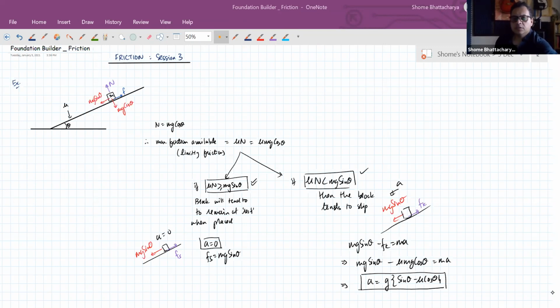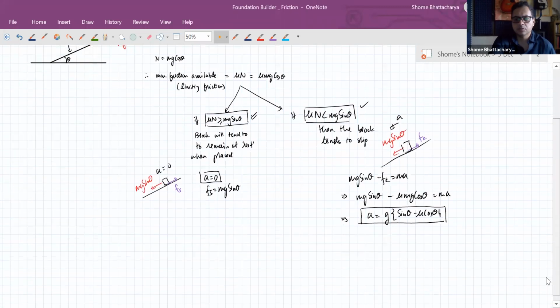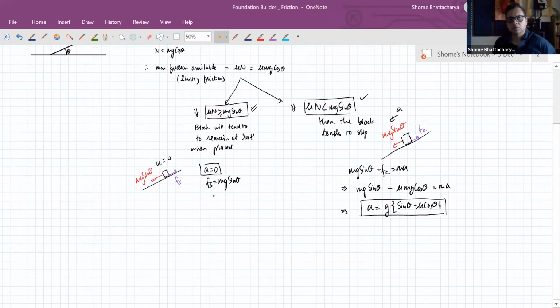Now let us look at this particular condition a little more closely: the condition of static equilibrium versus the condition of slipping. For equilibrium, that is the no slipping condition, we saw from above that mu n should be greater than or equal to mg sin theta.